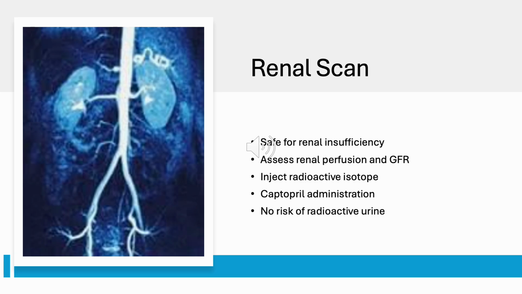They may get captopril, which you probably figured out is an ACE inhibitor, during the test. So you would monitor for orthostatic hypotension during and after the test, and tell them to rise slowly, all those safety precautions you need for somebody on blood pressure medication.